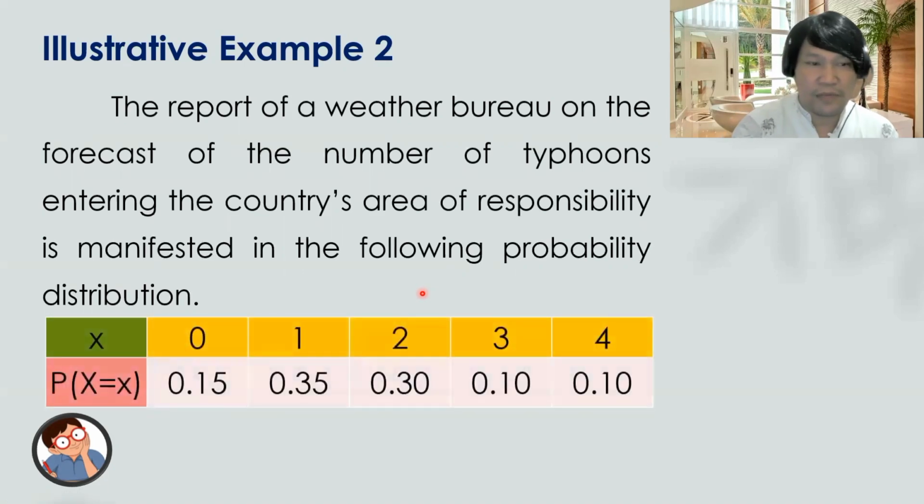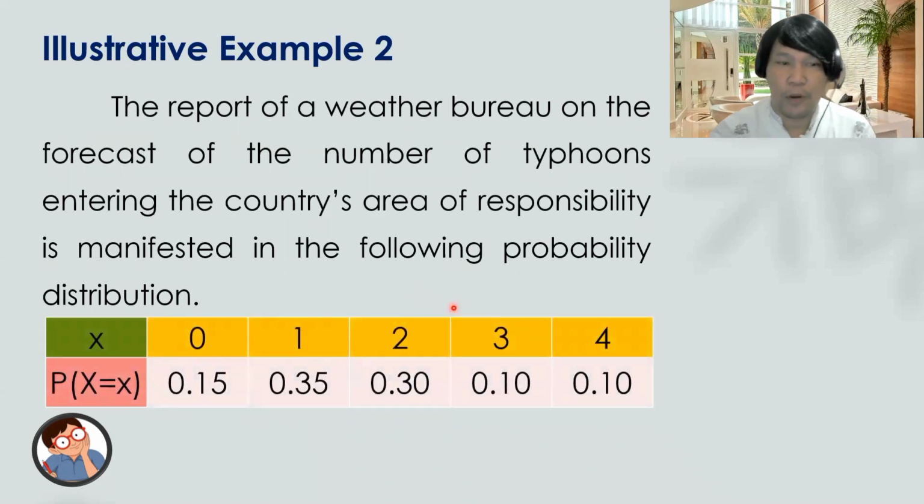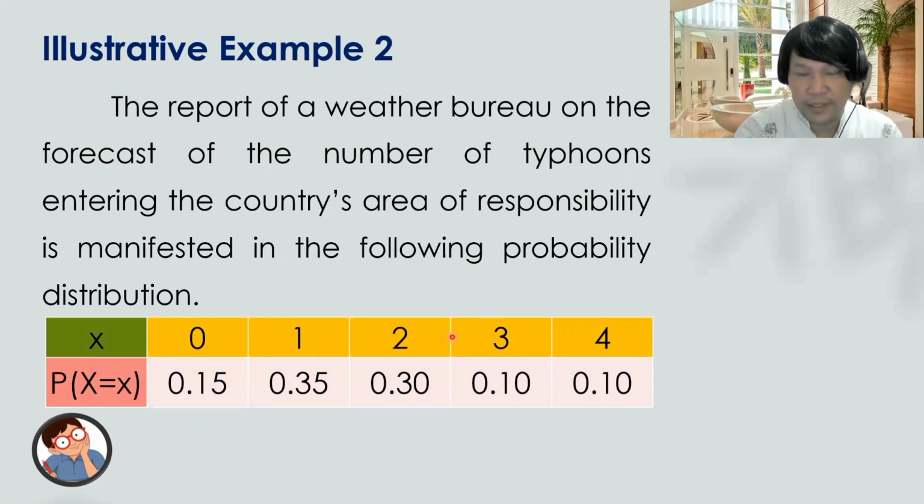Let me show you the given probability distribution as to the number of typhoons entering the Philippine area of responsibility per month. There is a case that there is zero typhoon. There is one typhoon. We do have two typhoons, three or four.